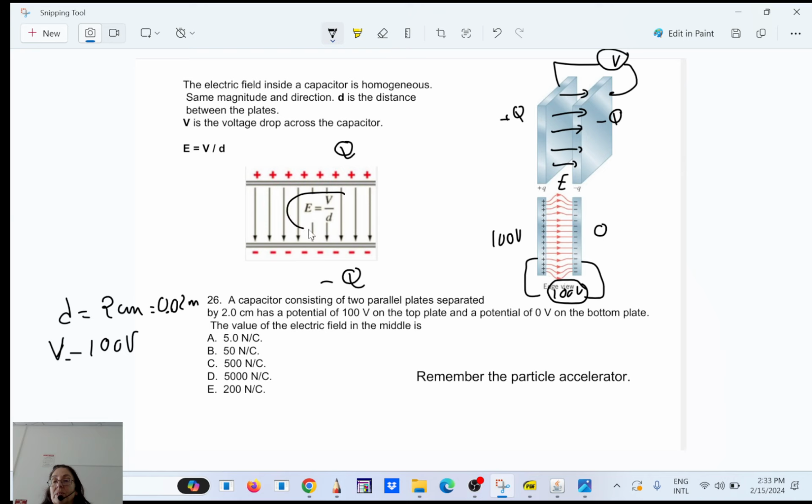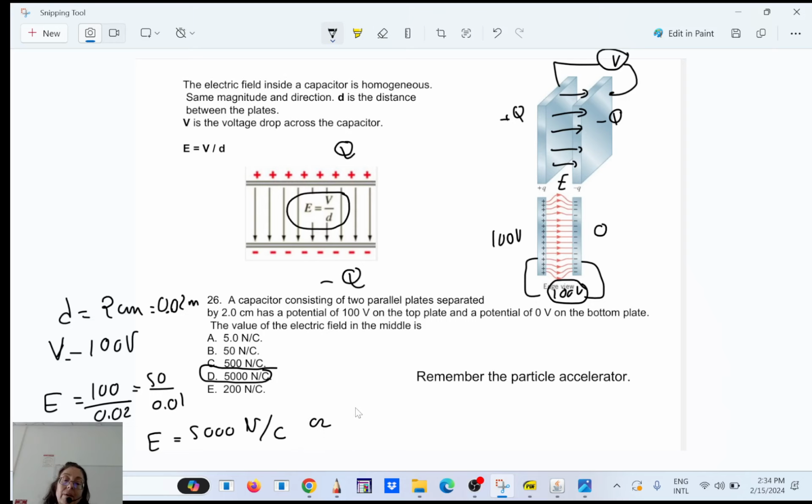So you use these equations here, so what do you get? 100% sure? So E equals 100 divided by 0.02. So we divide by 2, so it's 50 divided by 0.01. So it will be 5,000 Newton per Coulomb, or in magnitude, 5,000 volt per meter.